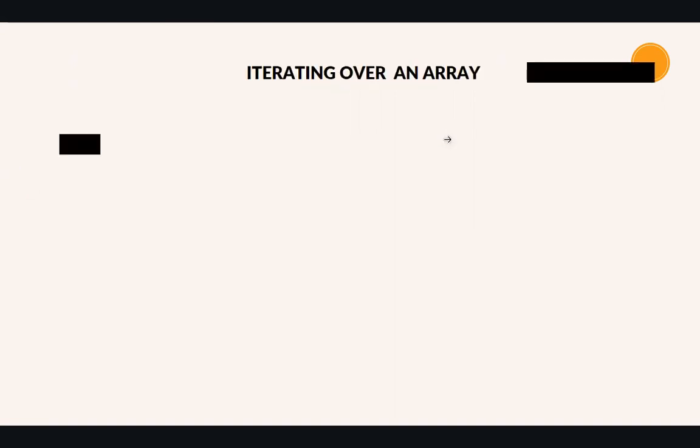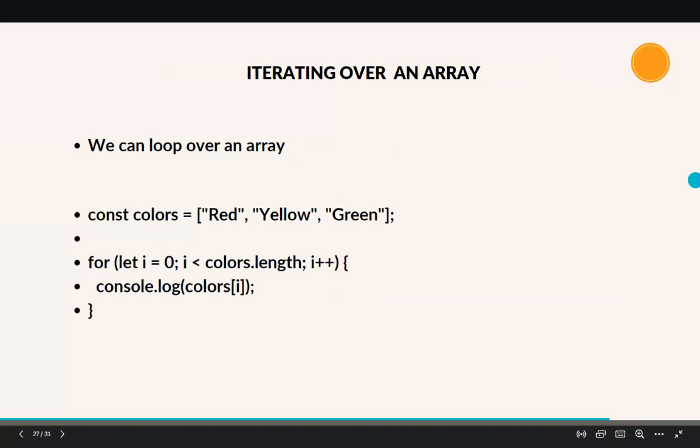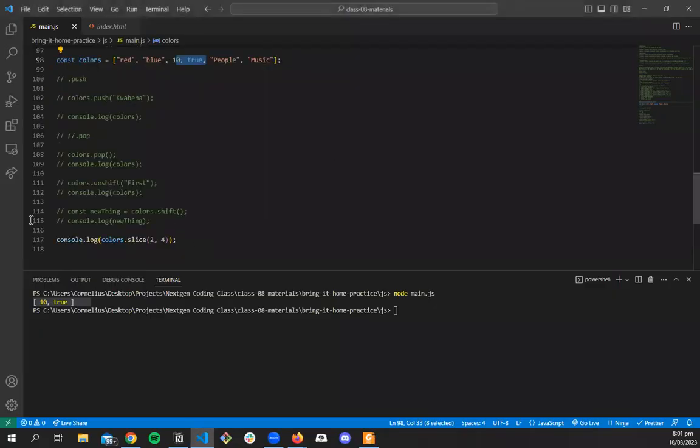Now, the same way we do loops, we can also loop over an array. We can use the same loops we were doing to loop over an array. So for example, in our colors array, if we wanted to loop over it, we could.